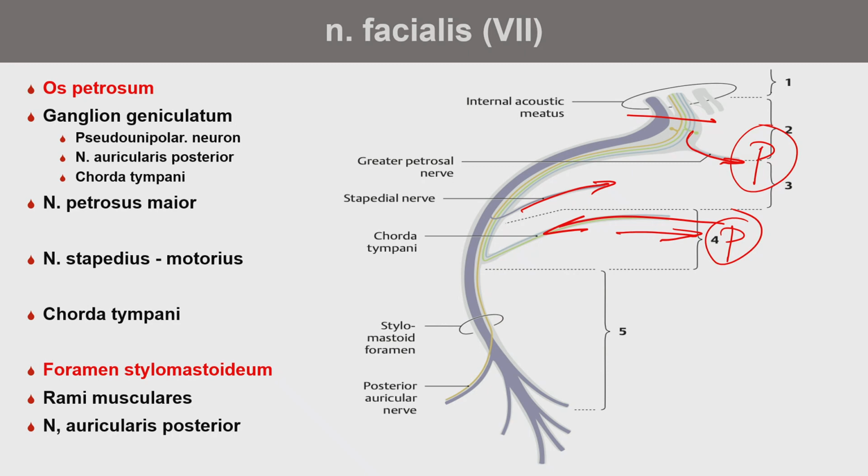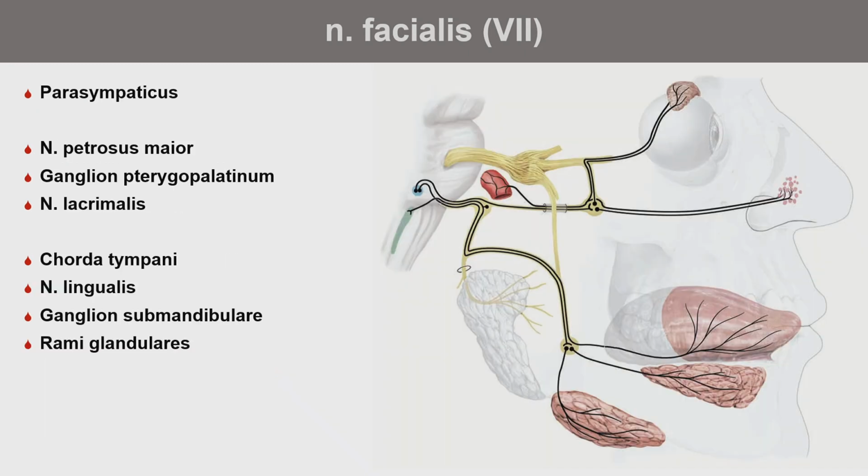So then you can distinguish where the lesion is. Or it's completely peripheral when it's only muscular innervation impairment.